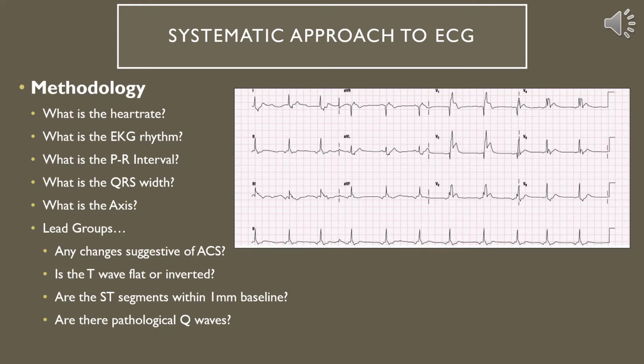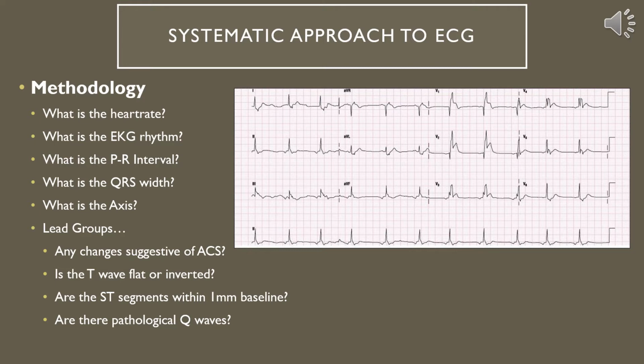The rhythm we'll talk about even more when we're looking at the second presentation, looking at lethal arrhythmias, but we'll talk about that as well. What's the PR interval? Looking from P wave to the R wave, and also looking at the QRS width. All of these help provide us some information as far as what we're looking at on the EKG.